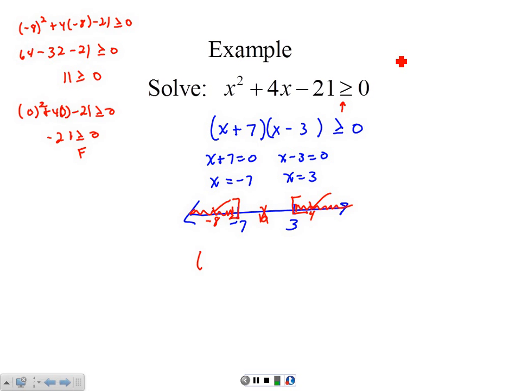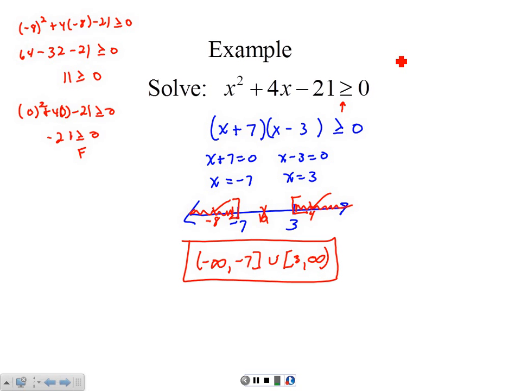And so we're going to have from negative infinity to negative 7 including, union, pick back up at 3 and go to positive infinity. And so there's your solution.